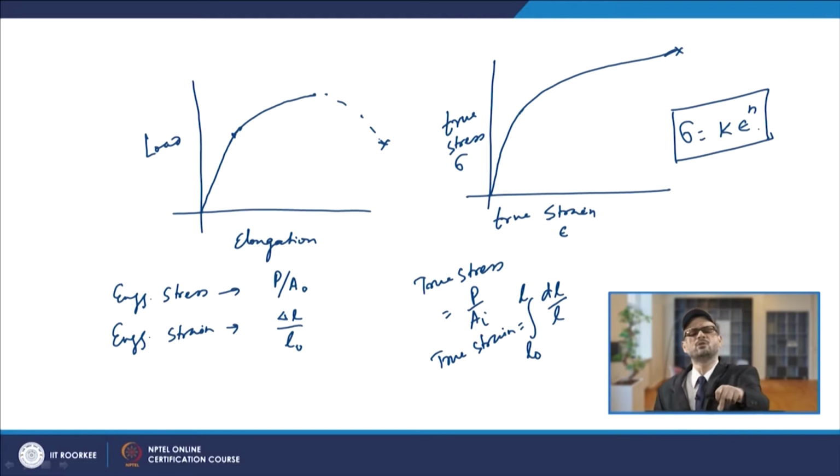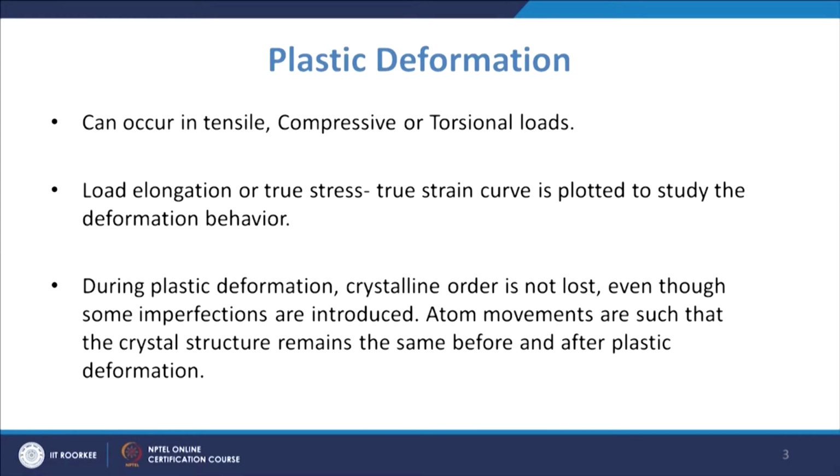Now, we will talk about plastic deformation. During plastic deformation, the crystalline order is not lost even though some imperfections are introduced, and atomic movements are such that the crystal structure remains the same after the plastic deformation.